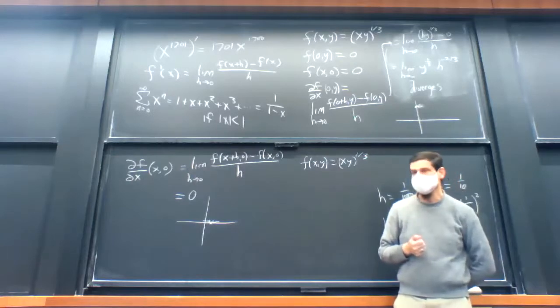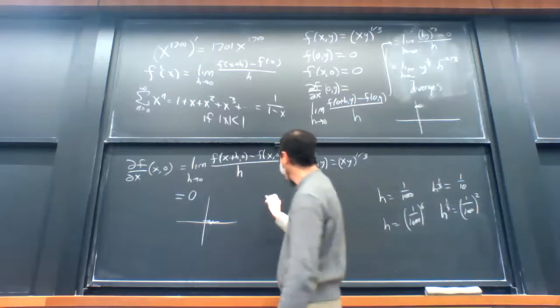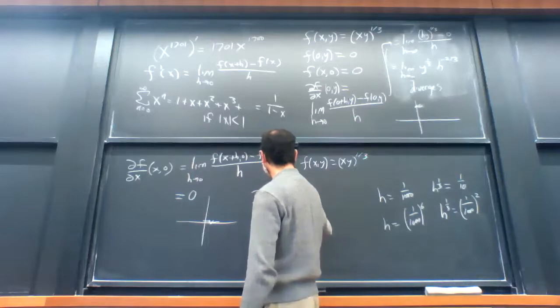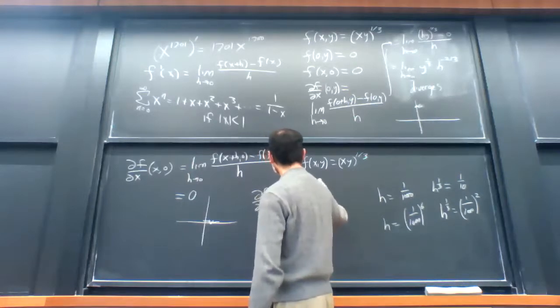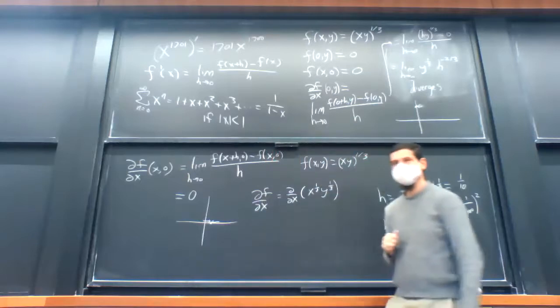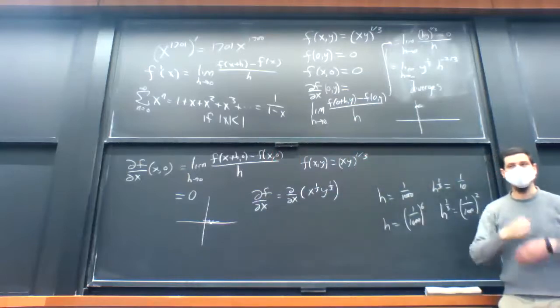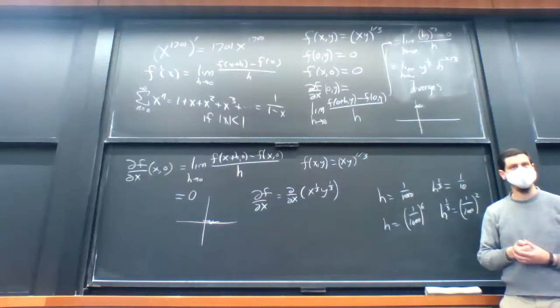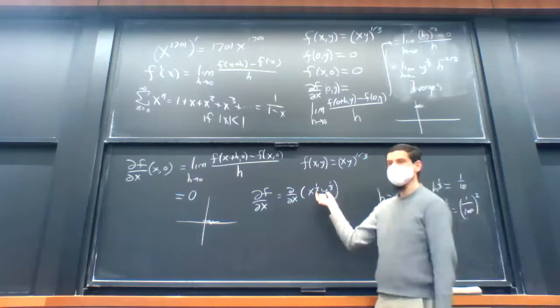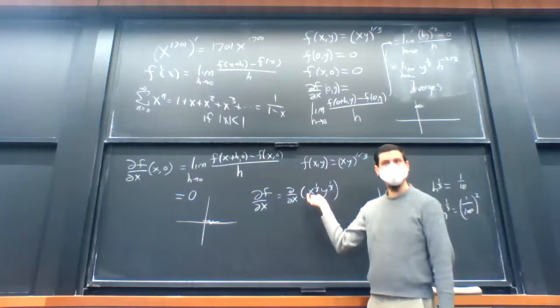If you think about it, if you just did things formally, df dx should be d by dx of x to the 1/3, y to the 1/3. Let's stay away from points that are 0. So I have this as my function. What would you get when you take the partial with respect to x? What rule would you use to evaluate this? Would you use the product rule? So a product of two functions.